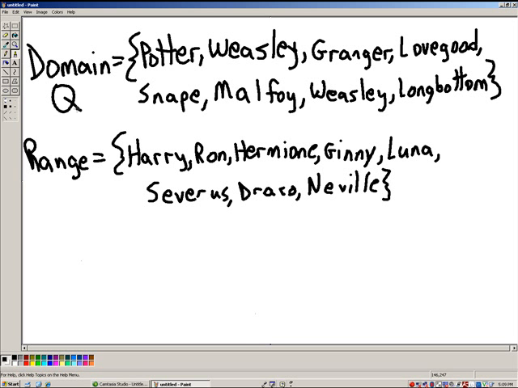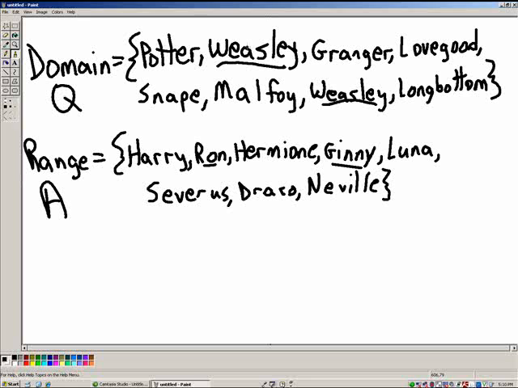Remember, the question is the domain. The range is the answer. Every time we've asked a question, we've only had one possible answer. However, when we say whose last name is Weasley, we could have either Ron or Ginny. And notice that Weasley is listed twice in the domain because in order to get to the two answers, Ron and Ginny, we had to have two questions.